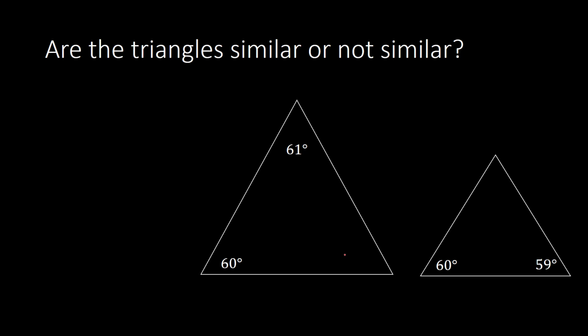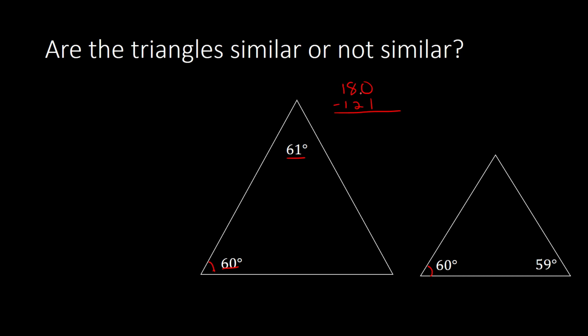Here's another example where we have two triangles, and we see right off the bat that these two bottom left angles are going to be congruent. And the question is, do we have another angle that is congruent with another angle for the other triangle? Well, if we know there are 180 degrees total in a triangle, here we've used up 60 and then 61. You add those to give me 121.